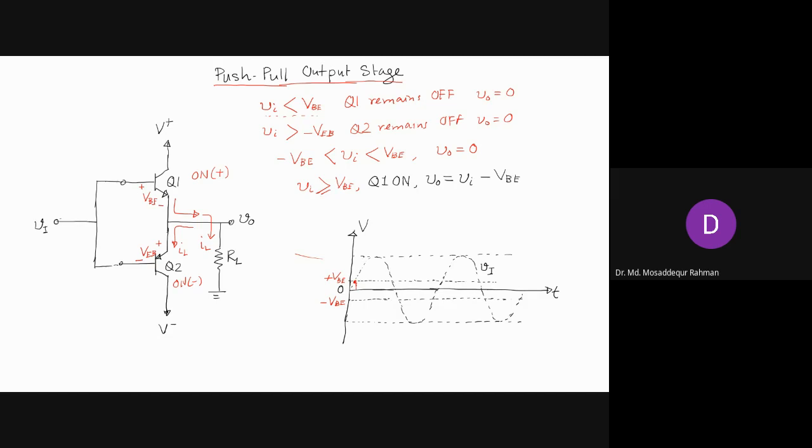So here, just when Vi is VBE, V0 is zero, and then it will start increasing. But it will always be less than our input voltage by VBE.